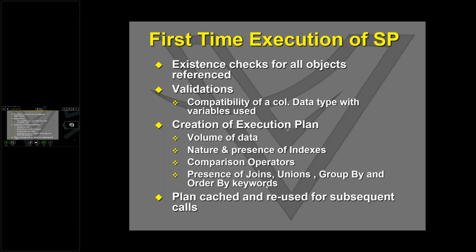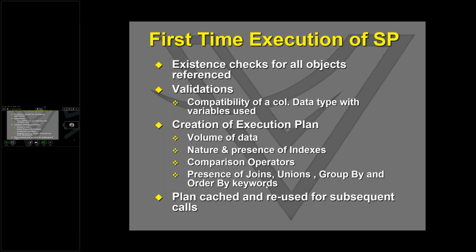Plan cached means that whatever plan you have is going to be stored in the RAM and reused for subsequent calls. That means the code you stored while creating the stored procedure is going to be stored in the RAM.